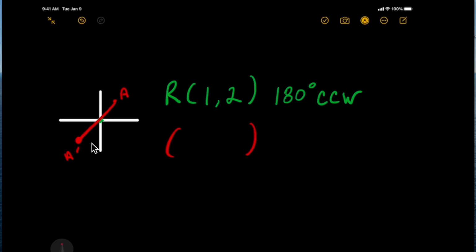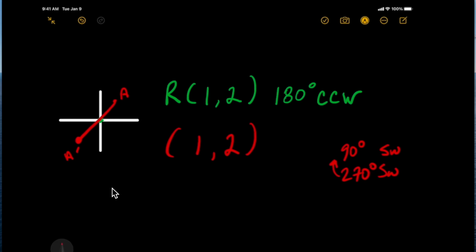Because it's a 180-degree rotation, we do not switch the position of the integers. We only do that if it's a 90-degree or a 270-degree rotation, because recall, a 270-degree rotation is really a 90-degree rotation in disguise. So here we switch, here we switch, here with 180 degrees we keep it the same.